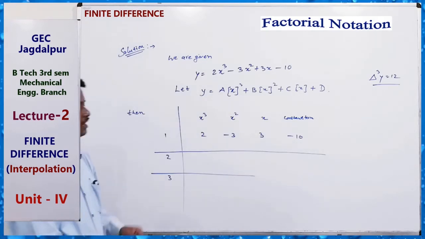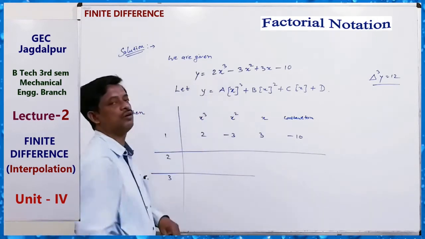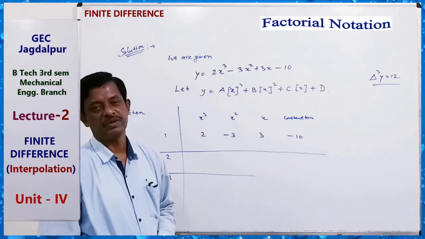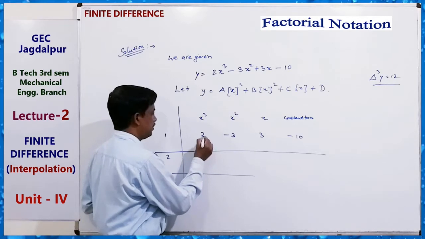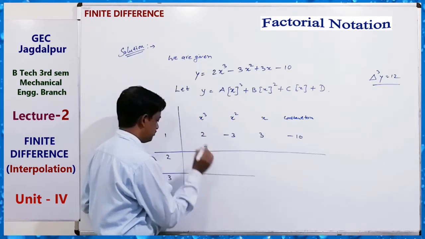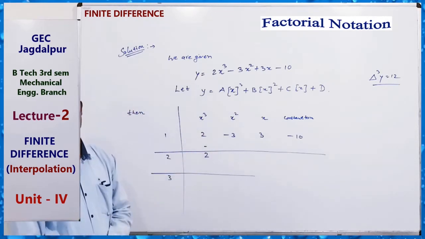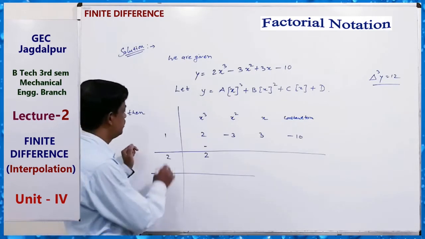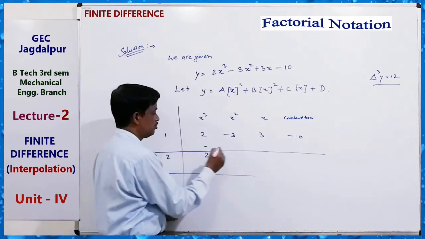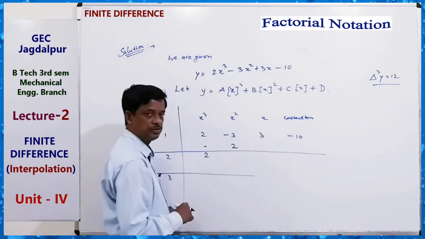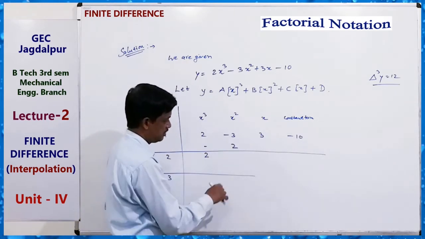Division is just like synthetic division, because the first coefficient remains unchanged. So here we take 2 as it is and carry it. Then 1 into 2 is 2.